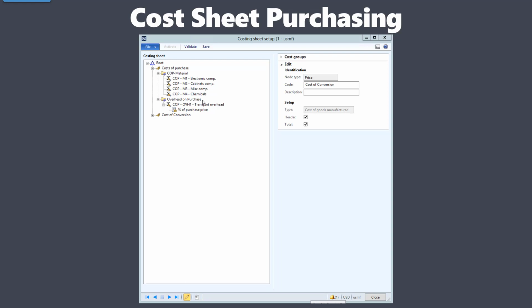So if the vendor charged $100 for something and you were providing a 3% allocation for freight, you would have a purchase price of $100 and a standard cost of $103 to account for that purchase allocation you wanted to add to the item.